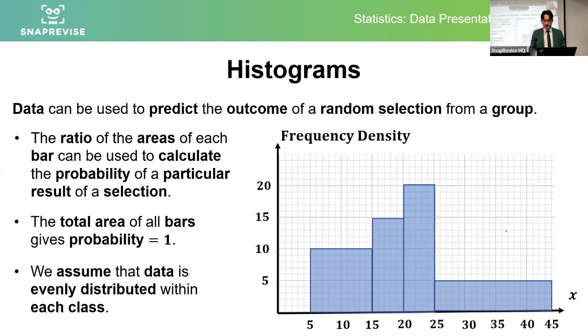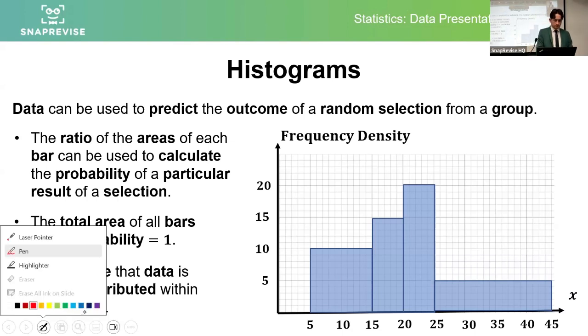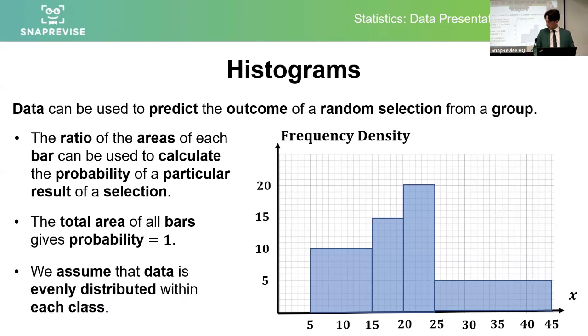So if I start filling in some values here, say that would have an area of 100. This would have an area of 75. This would have an area of 100. And this would have an area of 100.